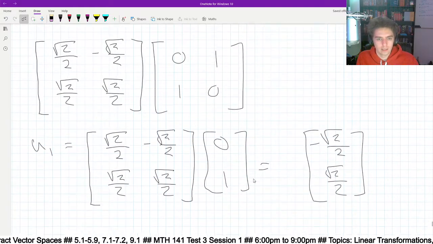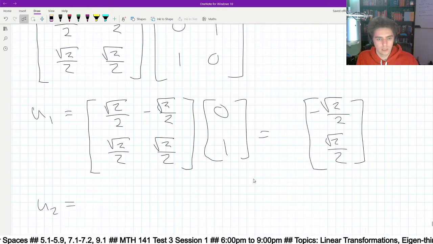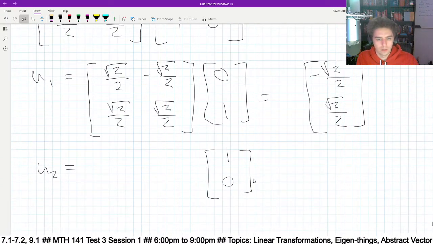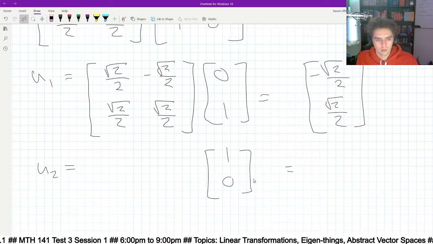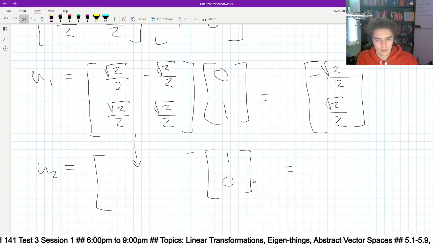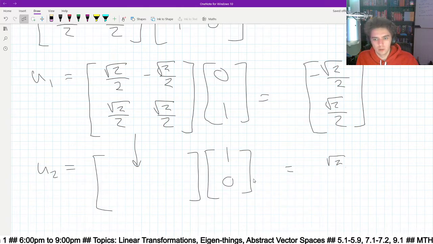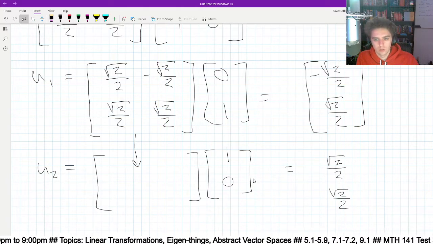And similarly, U2 is going to be that times 1, 0. So it's just going to be root 2 over 2, root 2 over 2.